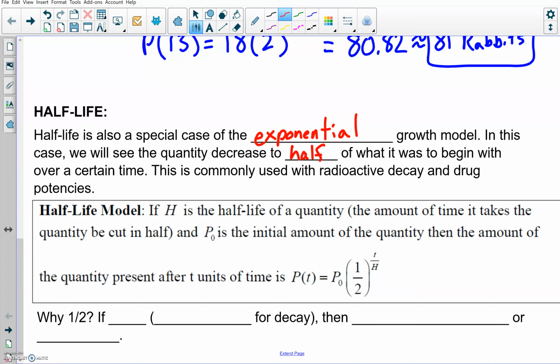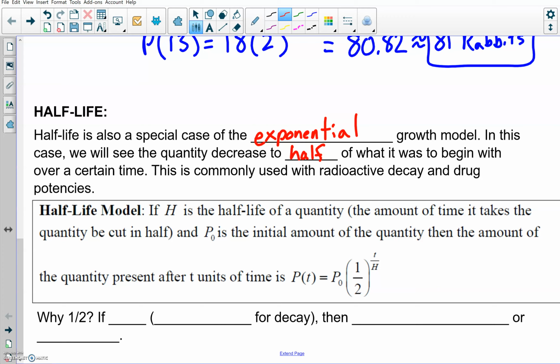If you're in the nursing field or all in the medical field, they'll sometimes say things like, how much drug do you need to make sure that you are keeping a consistent amount over a certain time? If somebody needs to have a certain amount in their system for a treatment, you got to do these calculations because the body is going to metabolize it. It's going to pass it out.